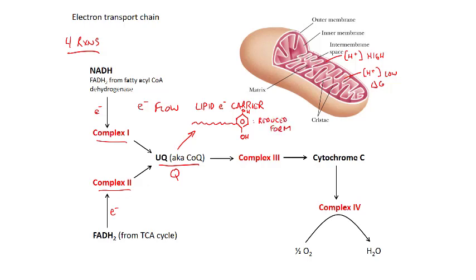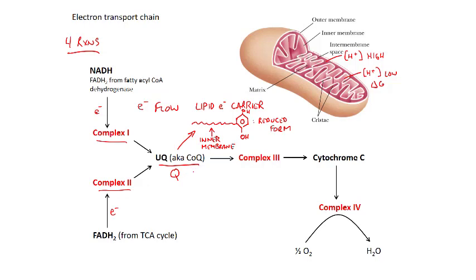The textbook shows the structure of coenzyme Q. This hydrocarbon tail is embedded in the inner membrane of the mitochondrion. All right, so the entire electron transport chain takes place on the inner membrane of the mitochondrion.